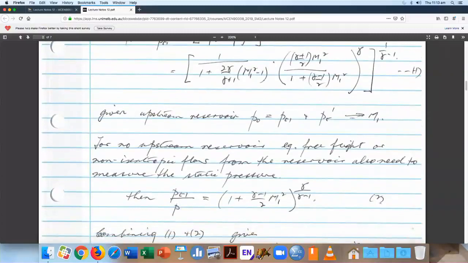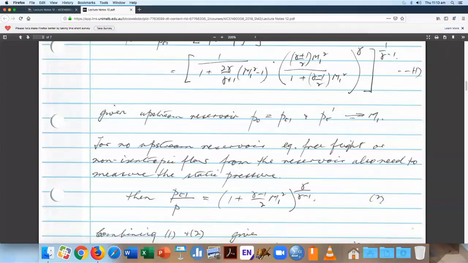However, if I'm in a fighter aeroplane and I'm actually flying, I have no upstream reservoir. So I'm in free flight, or I might have non-isentropic flow from the reservoir, even in the wind tunnel. And I also need then to measure the static pressure.